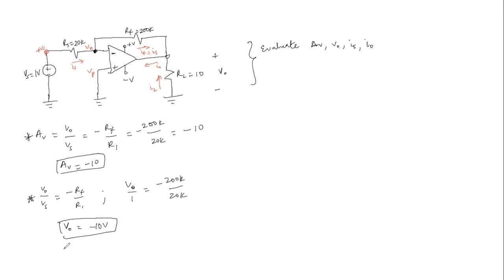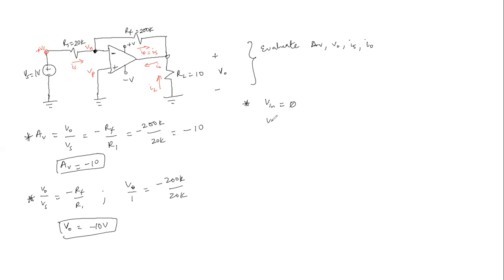Now we have to estimate the source current I sub S, the current flowing through the source. Recall that for an ideal op-amp, the differential input voltage, based on the assumptions and the derivations, is the same as 0.